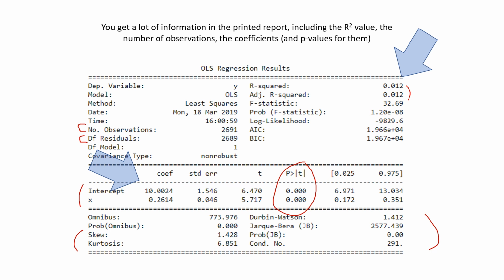Lots of different things here to unpack and interpret. But all I really want you to focus in on here, we'll use a different color, is the R² values, the coefficients that are associated with our variables, and then the P values.